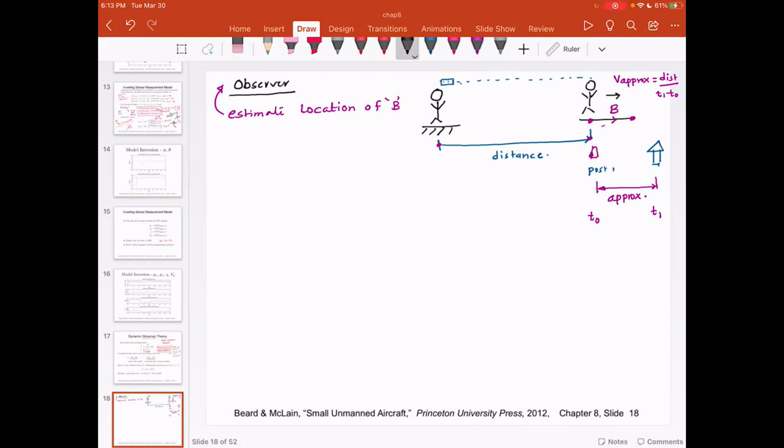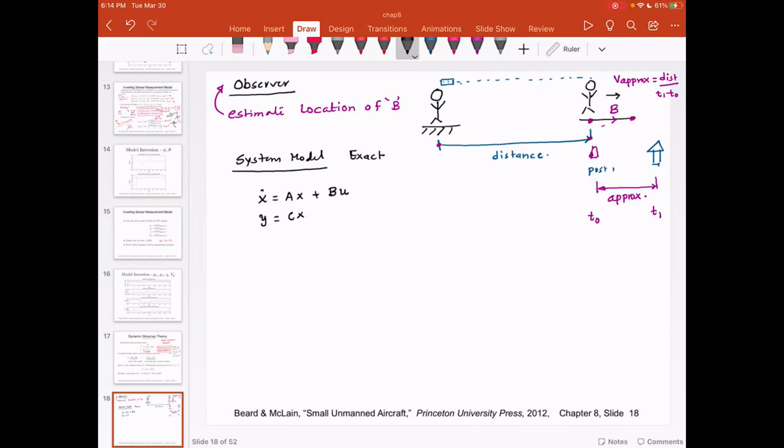Now let's start with the exact system. We have a system model, and this system model is exact. I'm going to write this equation down: x dot is equal to Ax plus Bu, and y is equal to Cx.